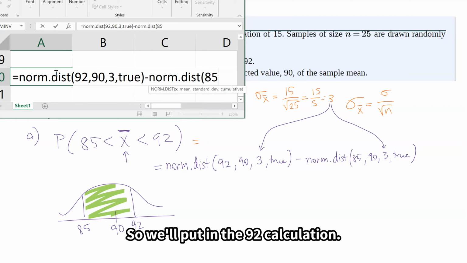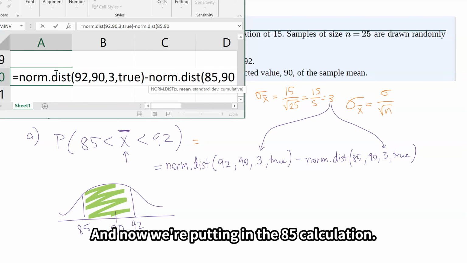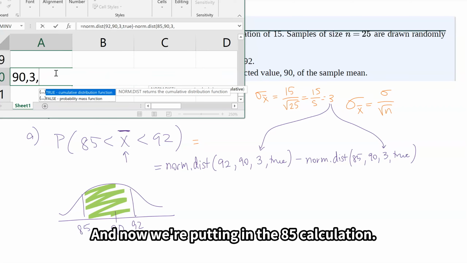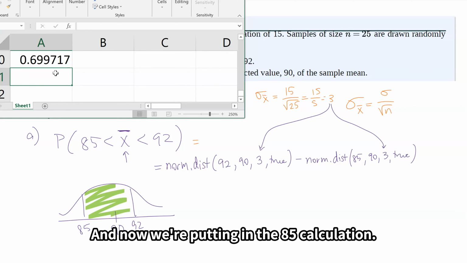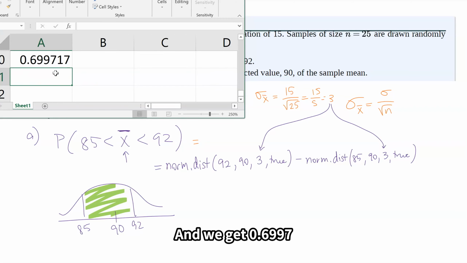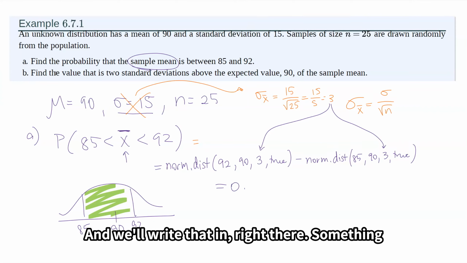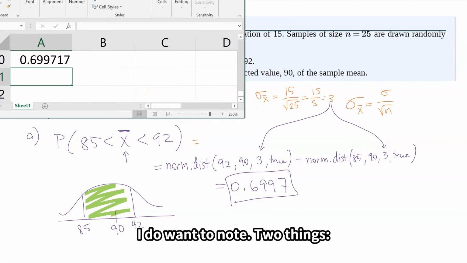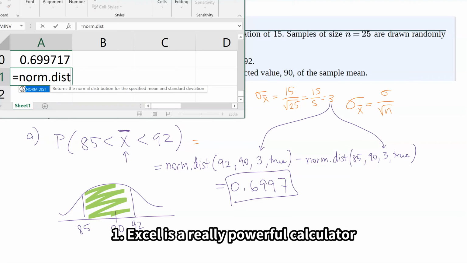So we'll put in the 92 calculation. Now we're putting in the 85 calculation. We get 0.6997. And we'll write that in right there. Something I do want to note, 2 things. 1, Excel is a really powerful calculator.